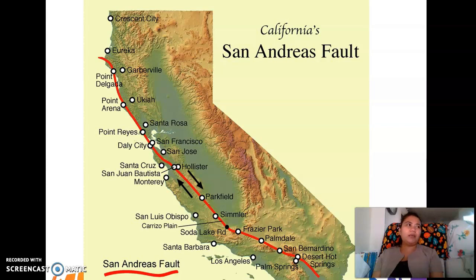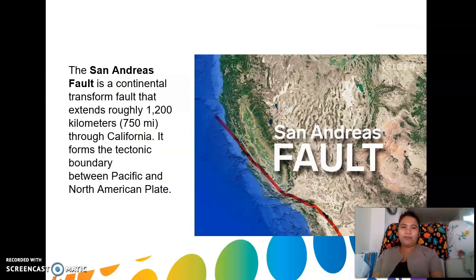If that happens, a lot of establishments, business establishments to be specific, will be totally destroyed. This is an interaction between two huge plates, the North American plate and the biggest one, the Pacific plate.